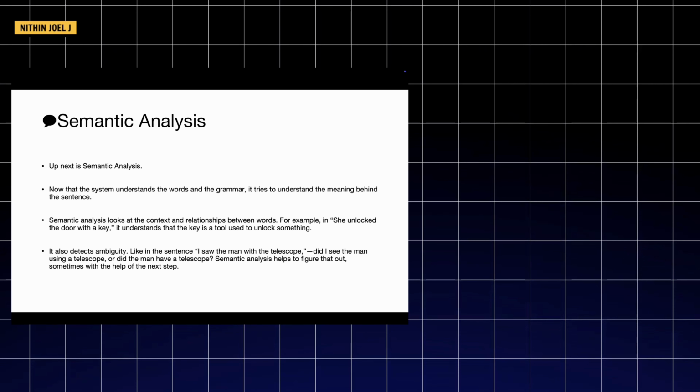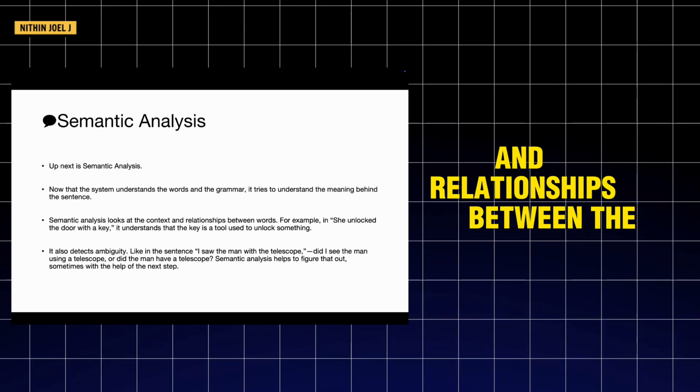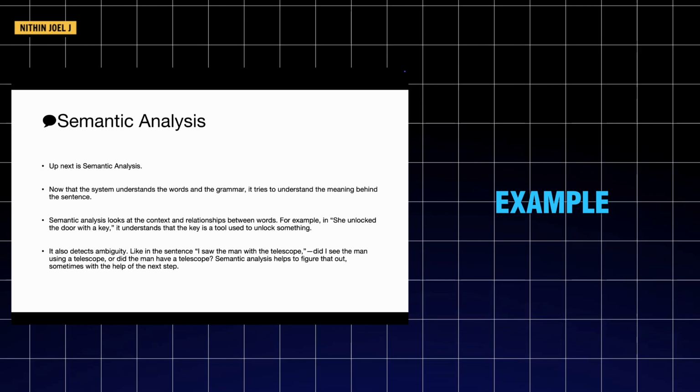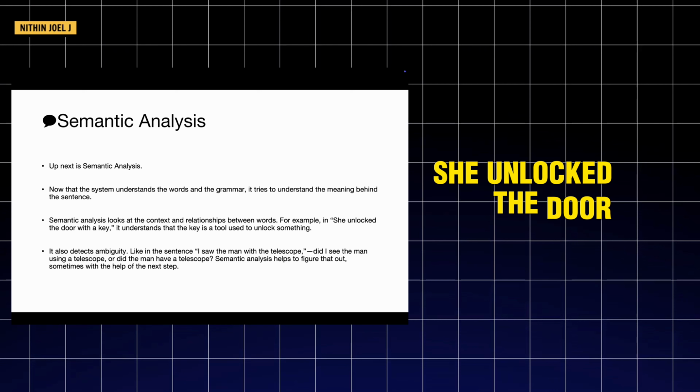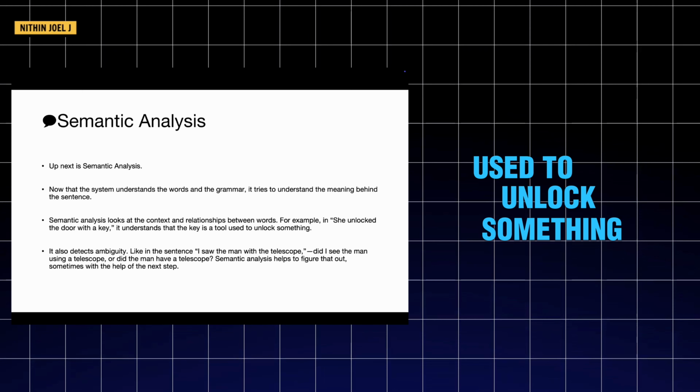Semantic analysis. Now the system understands the words and the grammar, and it tries to understand the meaning behind the sentence. Semantic analysis looks at the context and relationships between the words. For example, she unlocked the door with a key. It understands that the key is a tool used to unlock something.